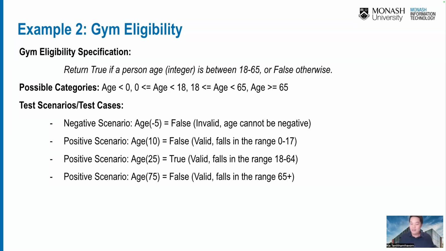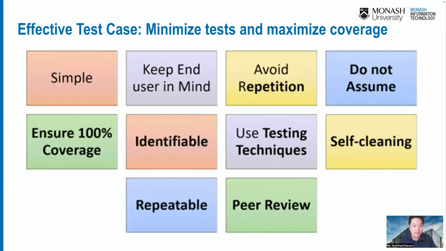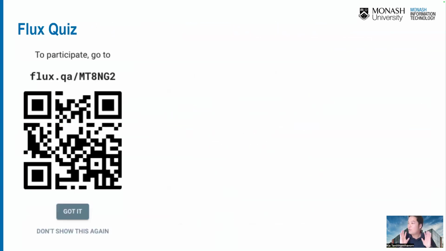That's it. These are the ideal values that we need to test if we apply boundary value analysis. I will talk about that next week as well, which is part of black box testing. It's called boundary value analysis.